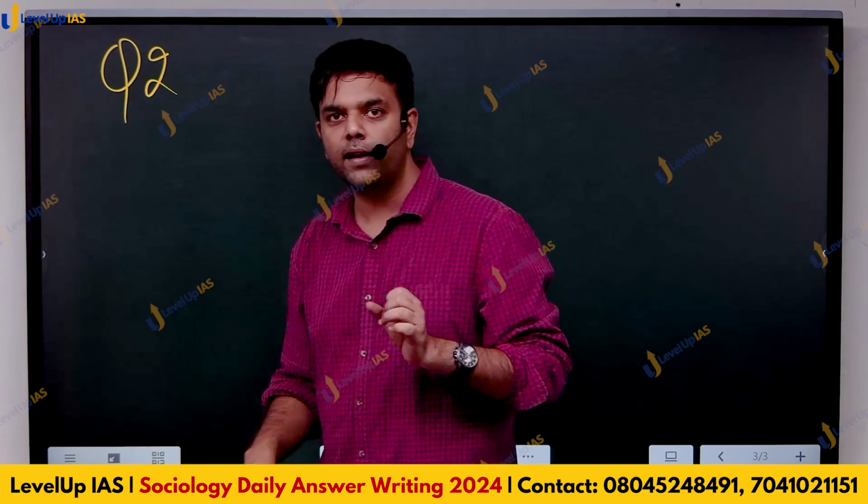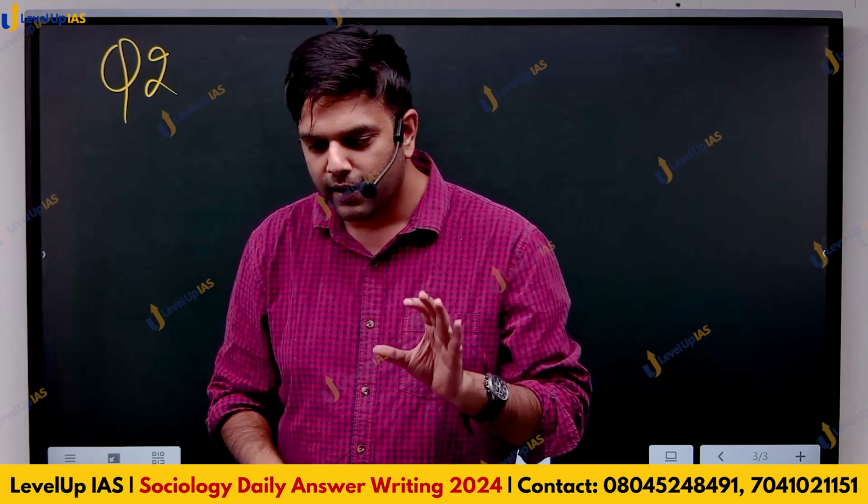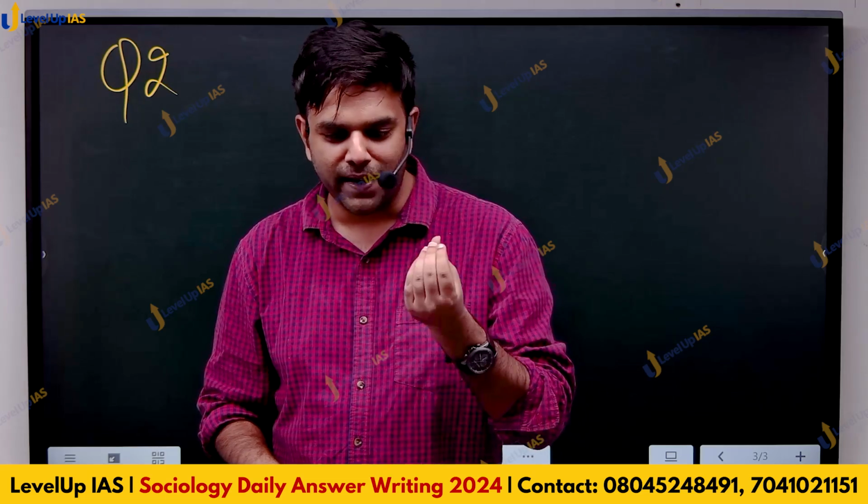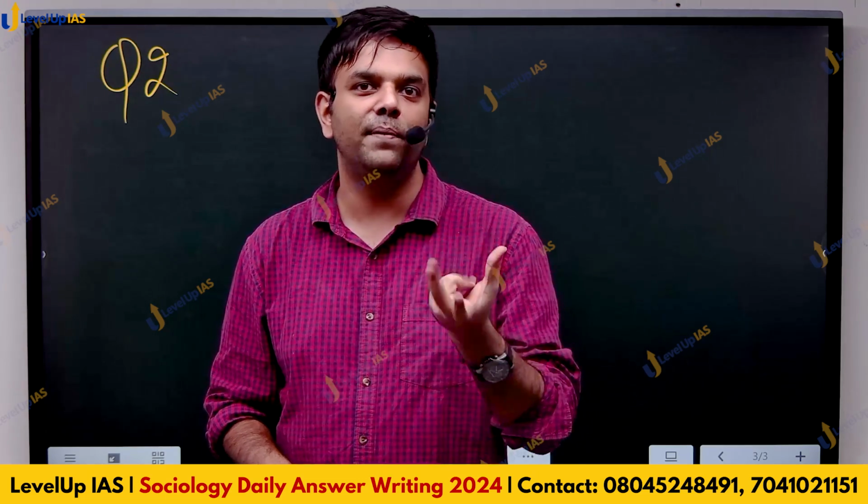What is the second question? It is about a concept called sociological imagination, which enables us to study personal troubles as public issue. What is the meaning of this statement?